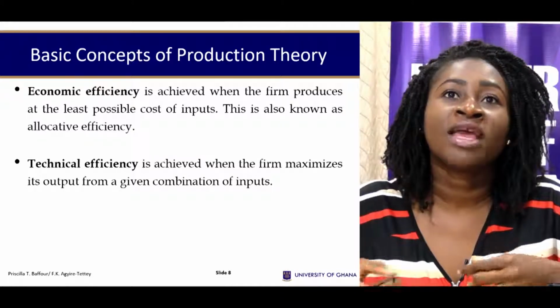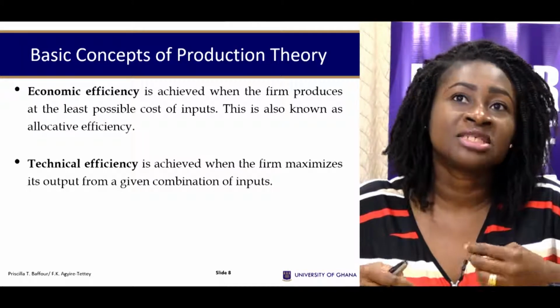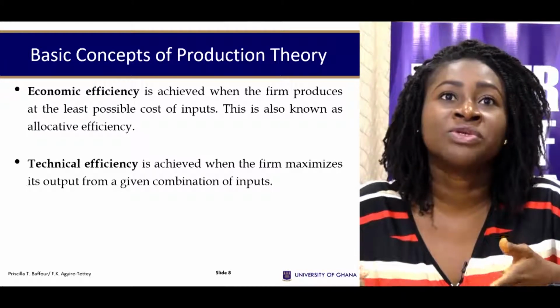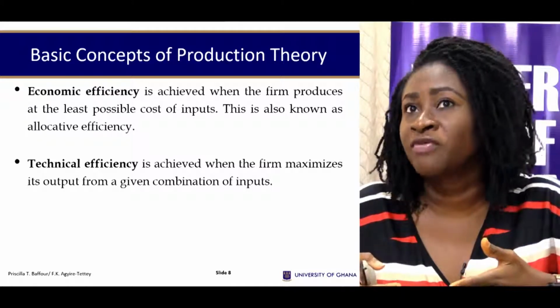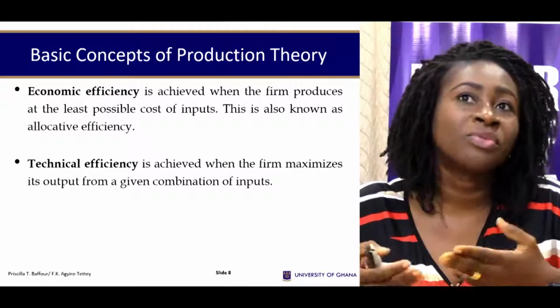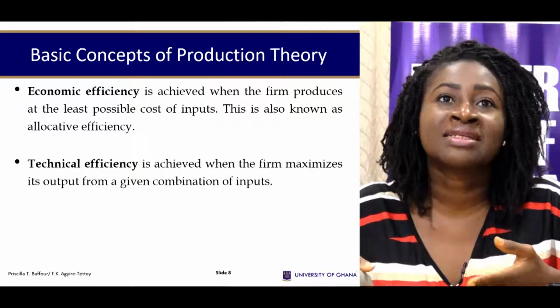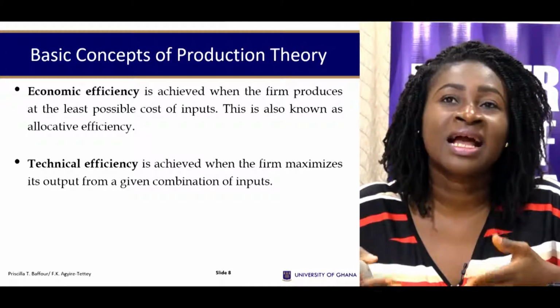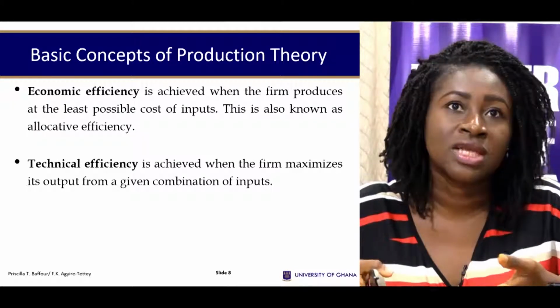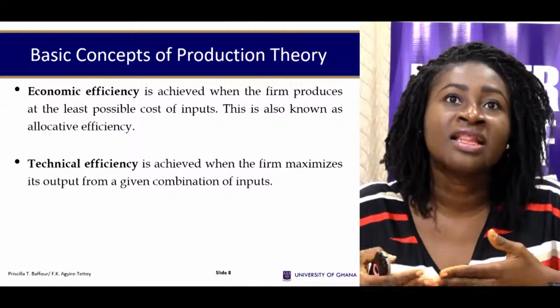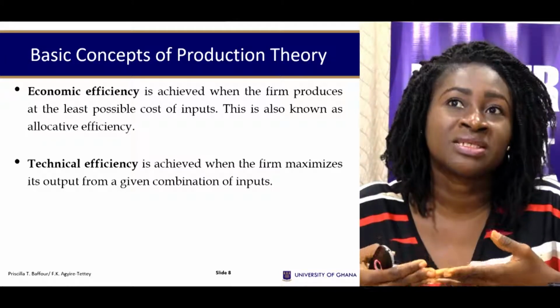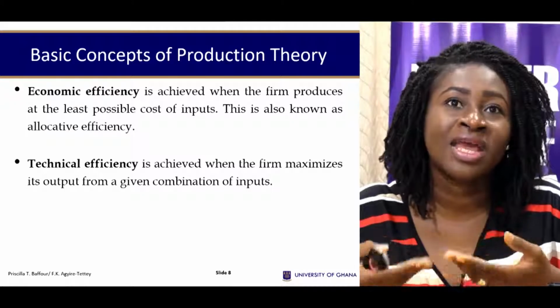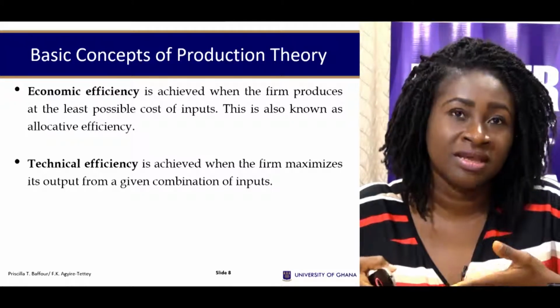Then economic efficiency is achieved when firms produce at the least possible cost of inputs, right? So a firm can produce, but the question we are asking is, is this production coming at the least cost? If this is the situation, then we have economic efficiency, and this is also known as allocation efficiency, right?